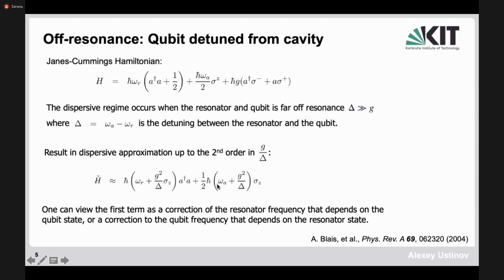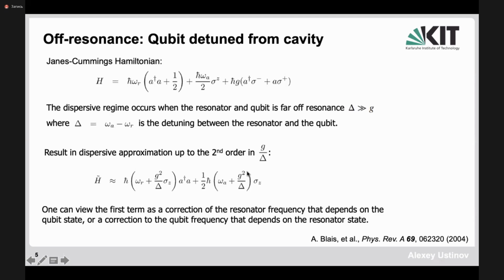The frequency of the qubit is shifted by g² over delta, which is the so-called AC Stark shift, while the frequency of the resonator is also shifted by g² over delta, but depending on the state of the qubit. If the qubit is in the ground state or the excited state, then the shift is different. So this is the dispersive shift of the resonator, which is used for the readout.